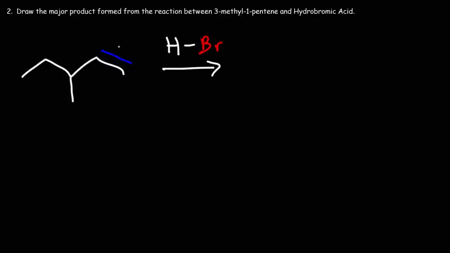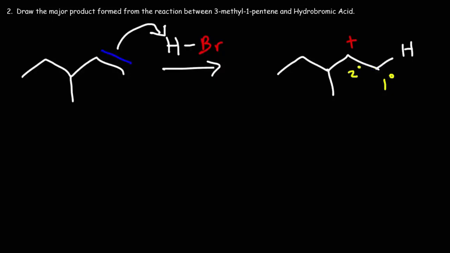The nucleophilic double bond is going to react with HBr. The pi bond is going to break, and we're going to form a new sigma bond between the primary carbon and the hydrogen. So this is going to create initially a secondary carbocation intermediate. Now whenever you have a secondary carbocation adjacent to a tertiary carbon, what you're going to get is a hydride shift.